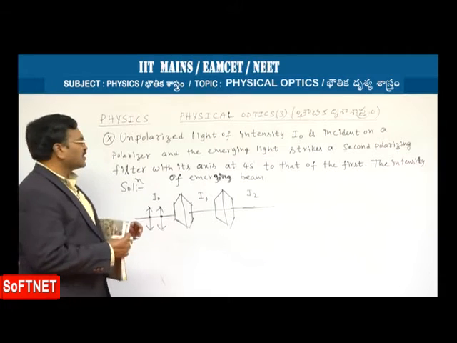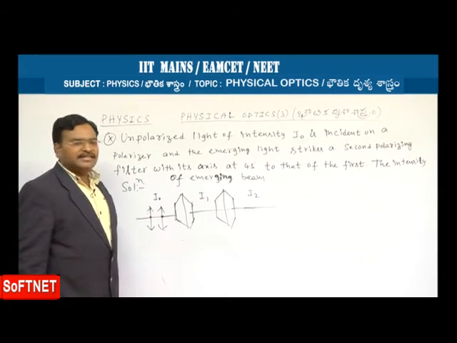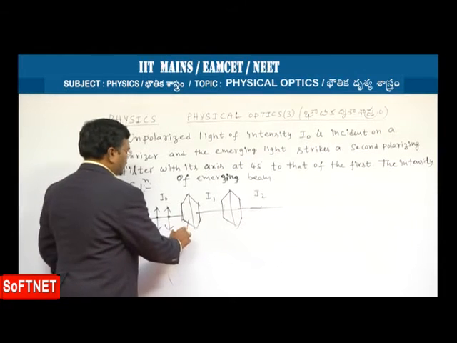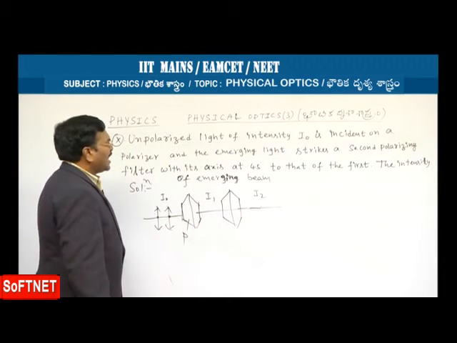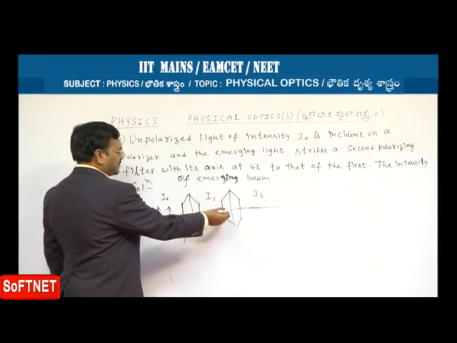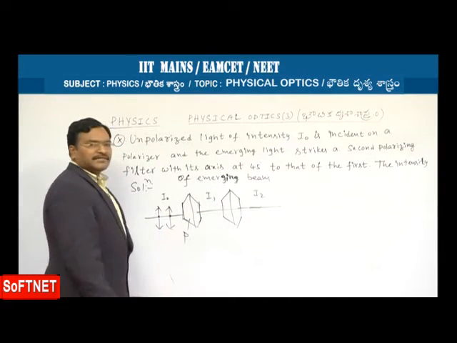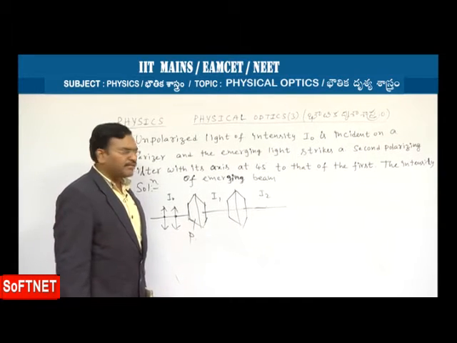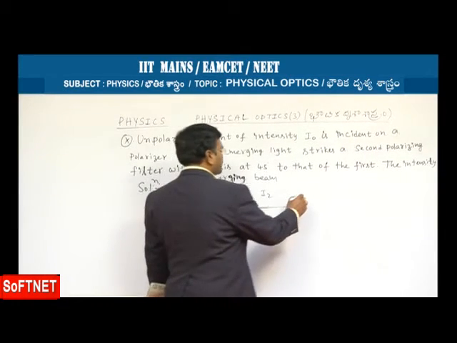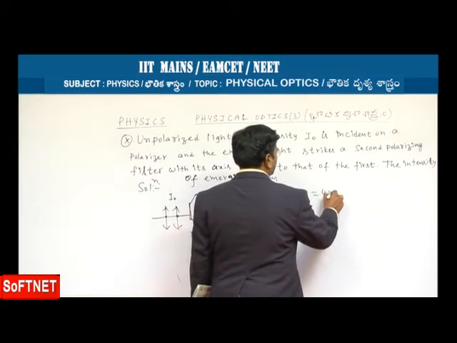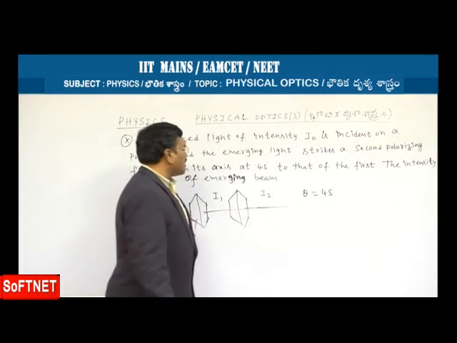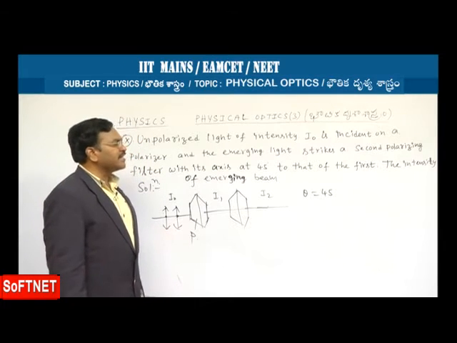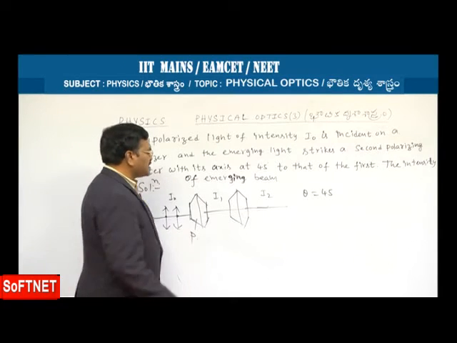Understand the question? Unpolarized light of intensity I naught is incident on a polarizer, the first filter, and the emerging light strikes a second polarizing filter with its axis at 45 degrees to that of the first. Now theta is 45 degrees. They are asking for I2, the intensity of the emerging beam.